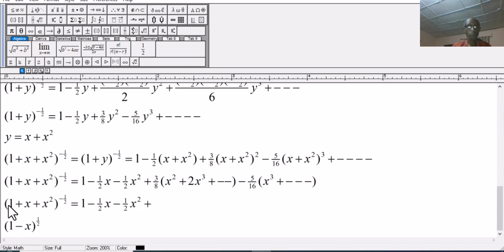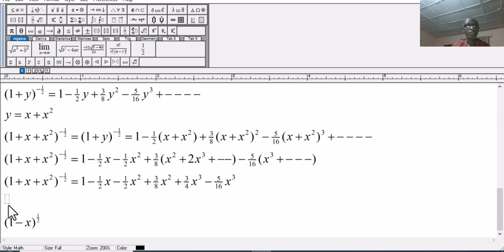So this will now be 3/8 x squared plus 3 over 4 x cubed minus 5 over 16 x cubed.